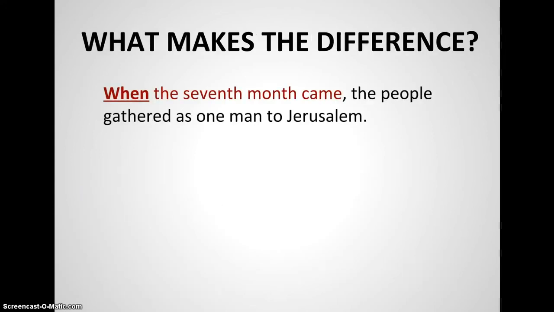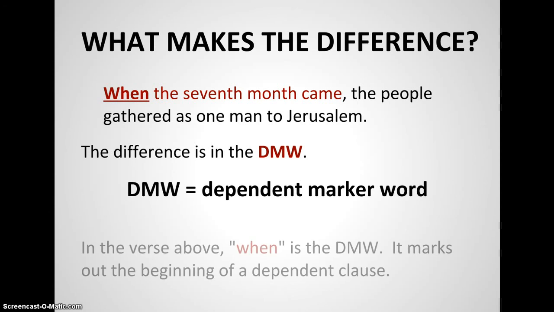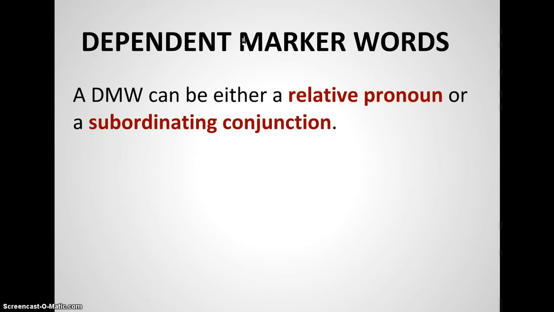Now the key element of difference then between a dependent clause and an independent clause is the dependent marker word, which is often abbreviated DMW. The dependent marker word is called such because it marks out the beginning of a dependent clause. Now, we already learned in this course that relative pronouns can be dependent marker words. Now we're going to add another, and that is a subordinating conjunction.